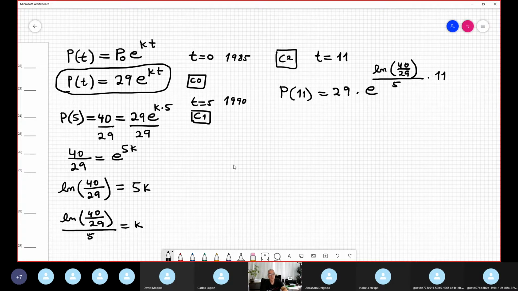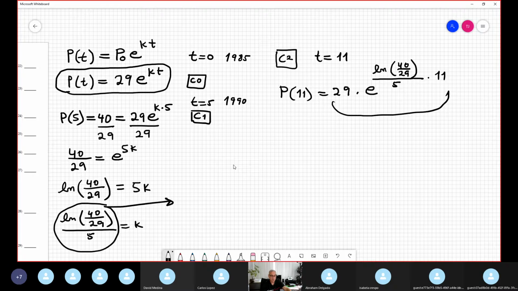A multiplication by 11 que es t for this condition. And another possibility, you put this in your calculator. I don't know if it's complicated or not. If it's complicated, you put this first part in the calculator and you store in memory. And you use the memory in the second piece. Come on, try to follow me. Either way, the way you prefer.